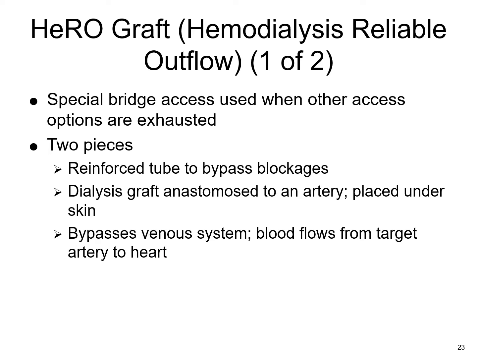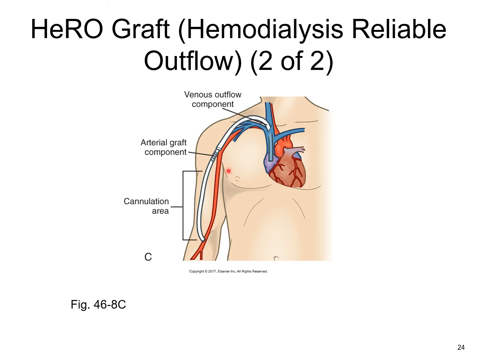All right, so I'll show you the picture coming up. With this one, the white stuff is the graft piece that they've created, right? They are actually going to be inserting the needles into this white piece that they've created. So this is the cannulation area over here, right?